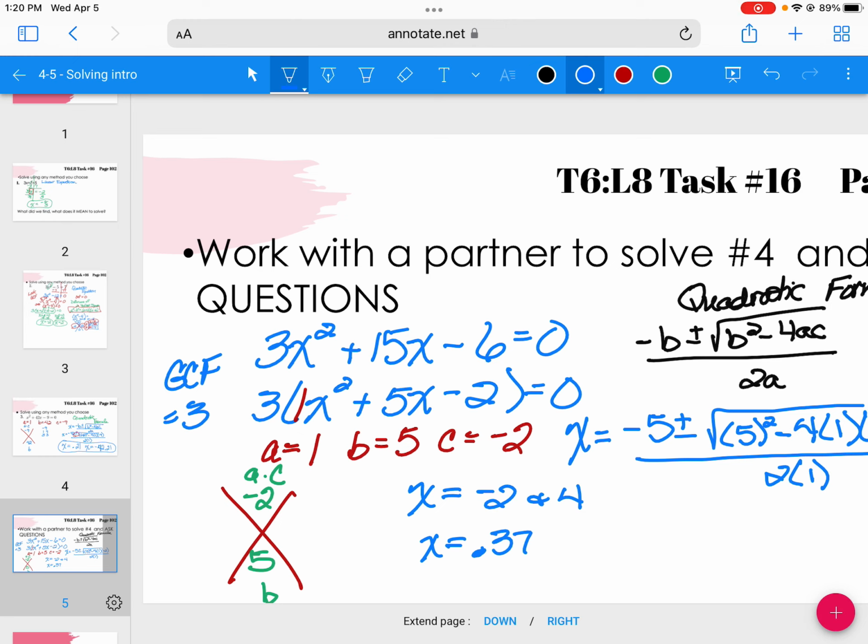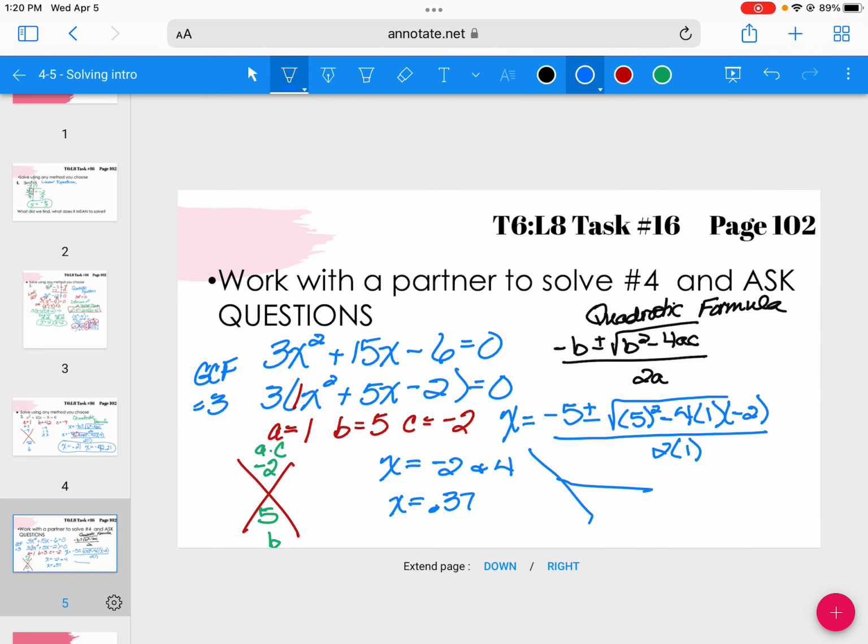No. Anybody else get an answer? 5 squared minus 4 times A times C, -2. 25 plus 8 is 33. -5 plus 33 divided by 2.